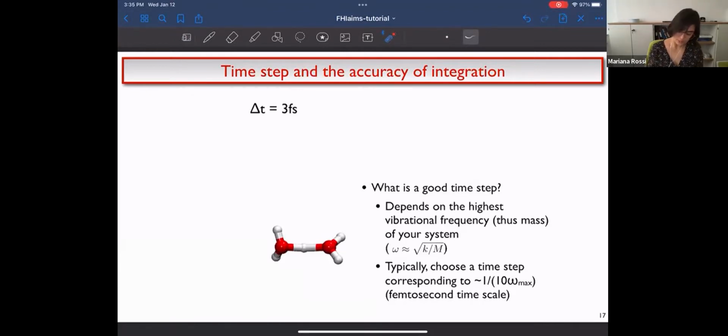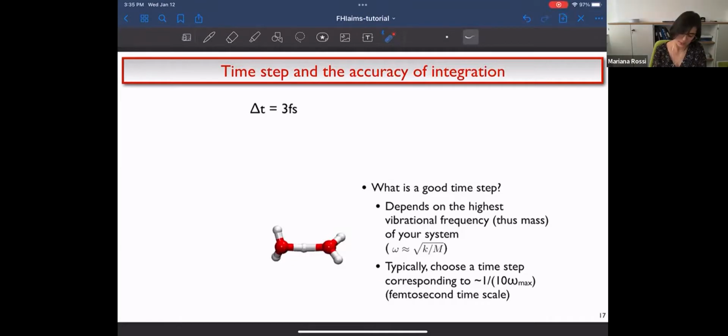So in any system, you can make a quick back of the envelope calculation. If you consider your system more or less harmonic, you know what is the highest frequency of vibration, because it depends on the inverse mass, right? So you can more or less have an idea. If you know, for example, what is OH, you can scale everything by that.